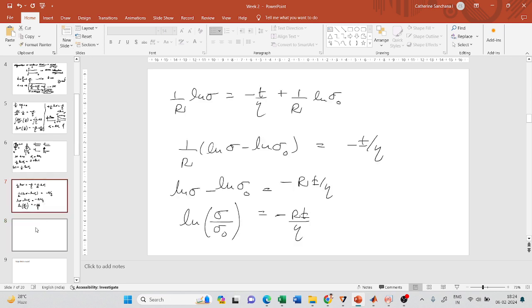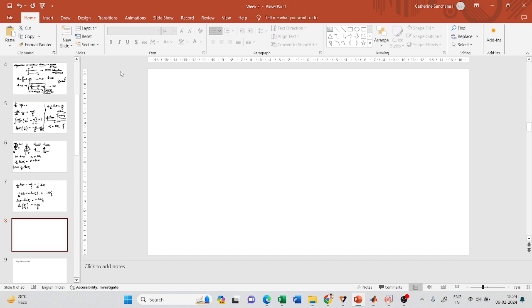And this ln, if it goes to the other side, it will become exponential, right? So it will be e power minus r into t by eta. So sigma is equals to sigma naught into e power minus r into t by eta.